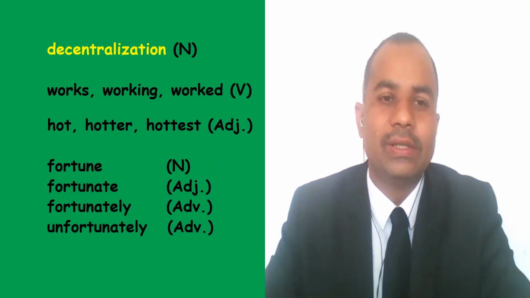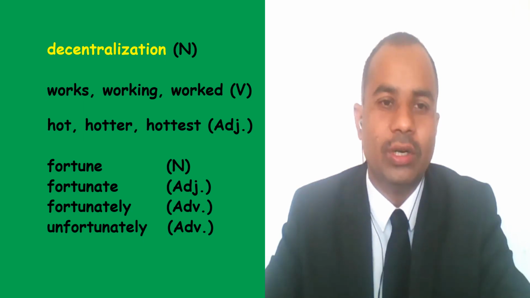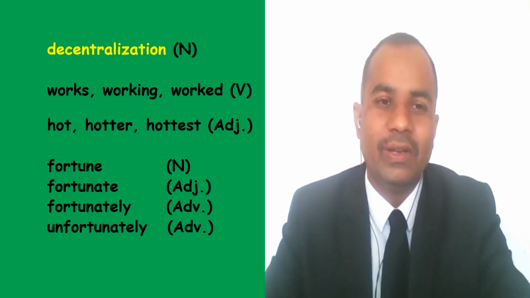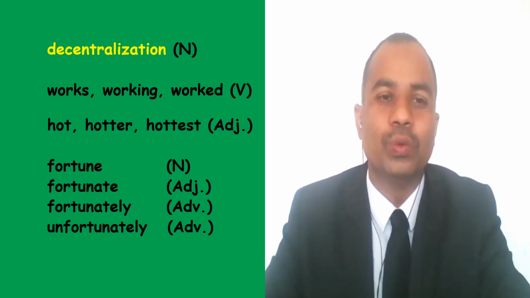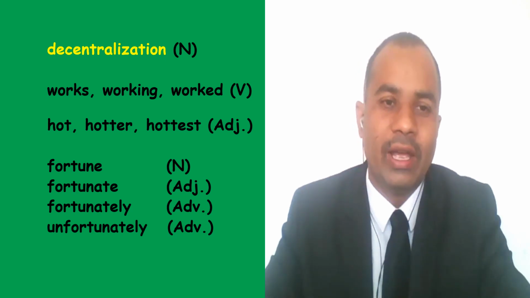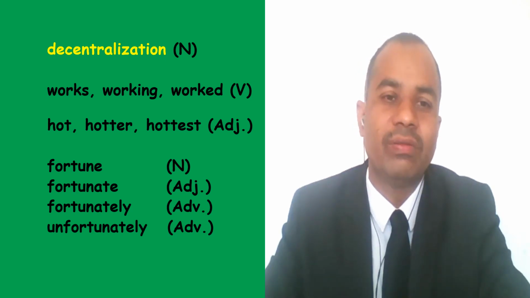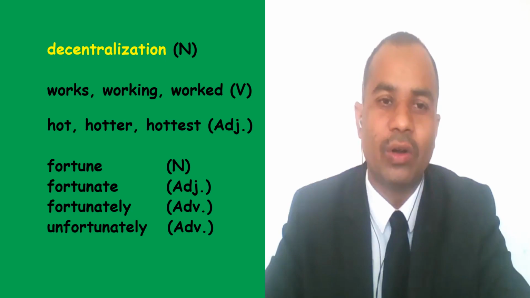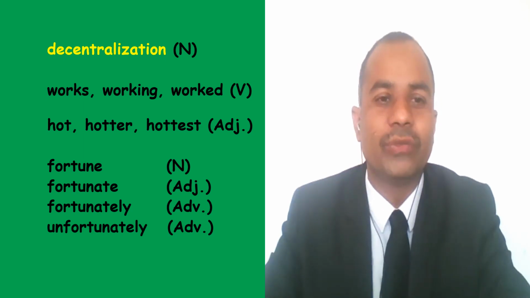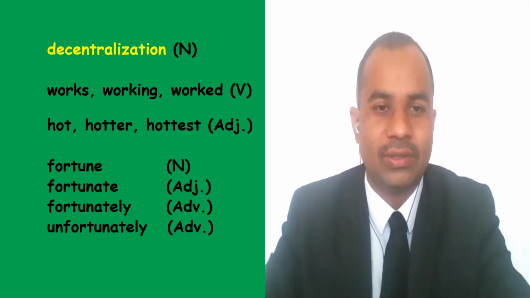For example, here is an interesting word, decentralization. You will easily guess what the root word is. A root word must have its own meaning, and a root cannot be further analyzed. So here we have decentralization.